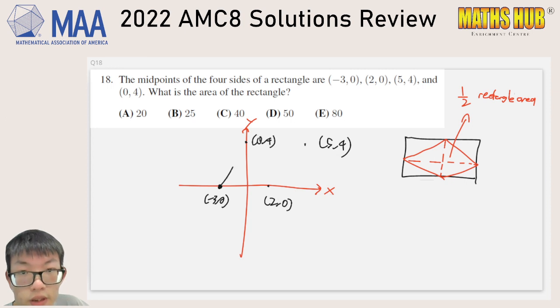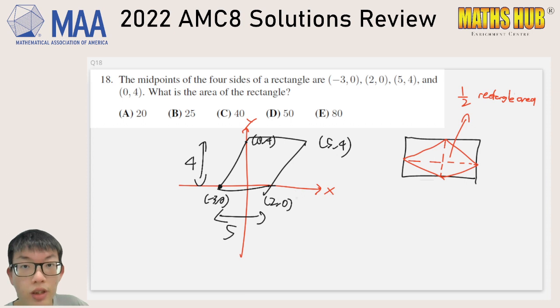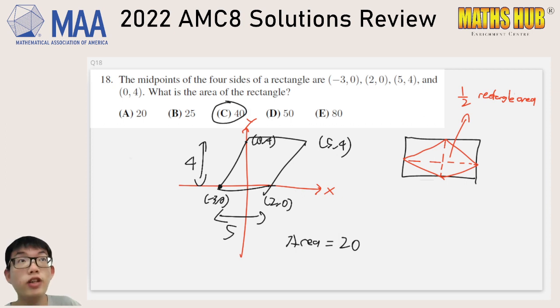Well, this is pretty clear cut in terms of what my rhombus is. Not very to scale, but the good news is the height is obviously 4 and the base is obviously 5. So the area of this rhombus is 20, and so the area of the rectangle is twice of that, which is 40.